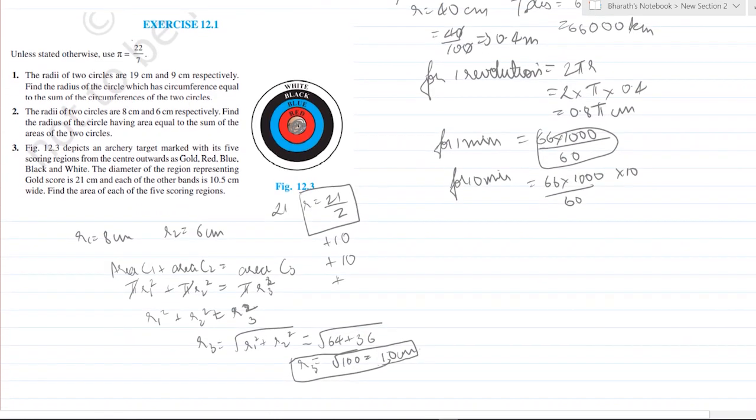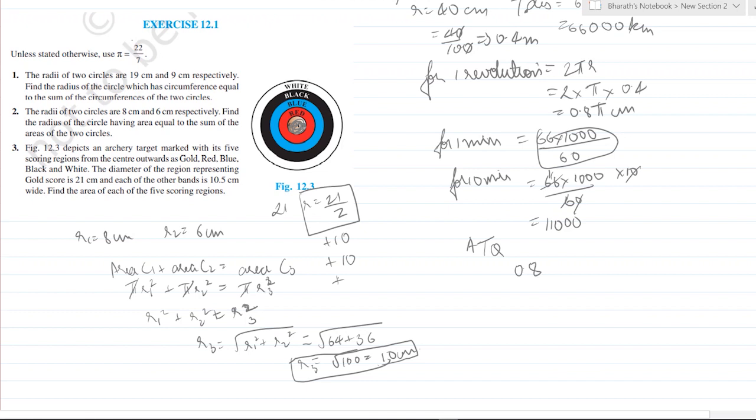Fine. Now, after calculating this, you get 11,000. Now, according to the question, we have to find the number of rotations, right? So the circumference into the number of rotations is equal to this total distance.